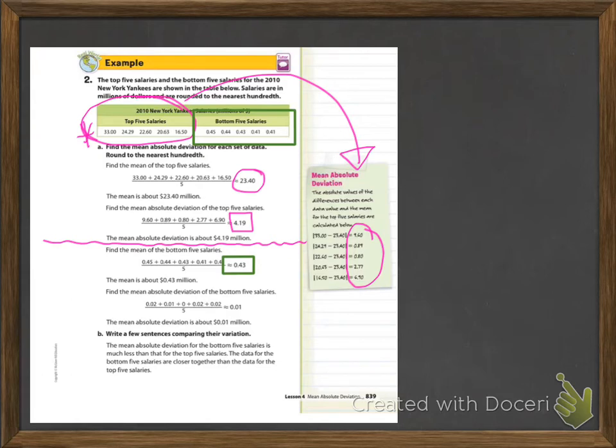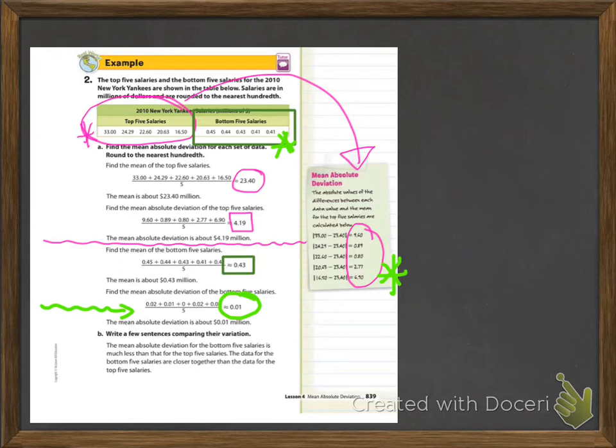Then they subtracted that amount from every number in this area, and they ended up getting the numbers you see here. They didn't write these numbers down for you like they did with the other one, but they divided that by 5 and ended up getting 0.01. So you can see the process is exactly what we just did in the previous two examples. It's just more work, but nothing was different.